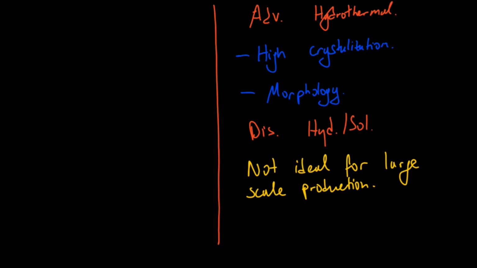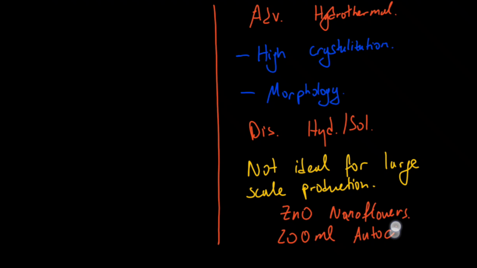I was synthesizing, this is my experience, zinc oxide nanoflowers, and I was using a 200 milliliter Teflon-lined autoclave. So this was my autoclave size. And at the end of the process, I could synthesize about 1.5 gram of zinc oxide nanoflower. And this process takes time.